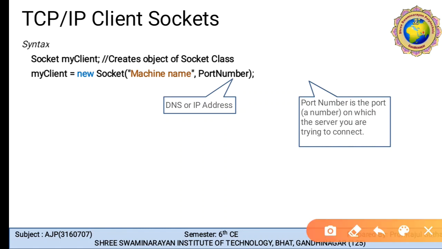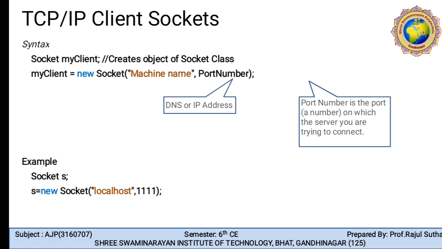Here the machine name indicates the DNS or IP address, and the port number is nothing but the port number of the server you are trying to connect to. So here is an example: Socket s is equal to new Socket("localhost", 111).